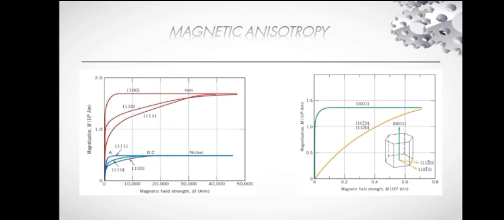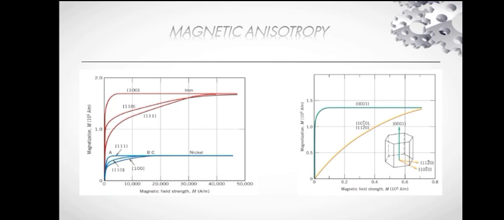In this figure for cobalt, the [0001], [1010], and [1120] directions. This dependence of magnetic behavior on crystallographic orientation is termed magnetic, or sometimes magnetocrystalline, anisotropy.